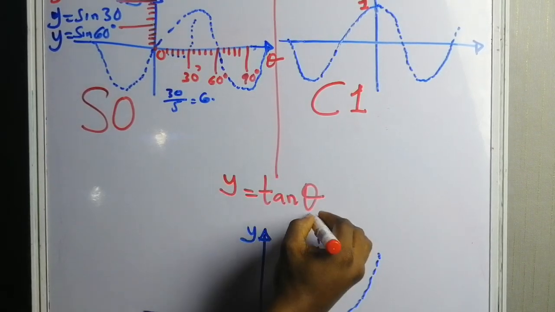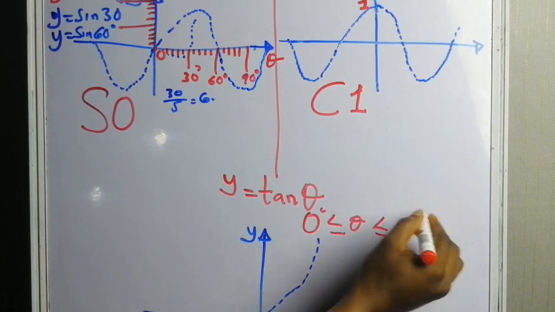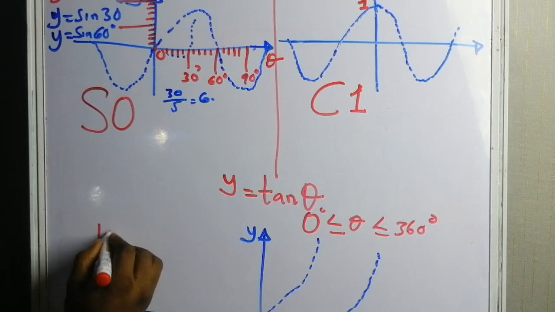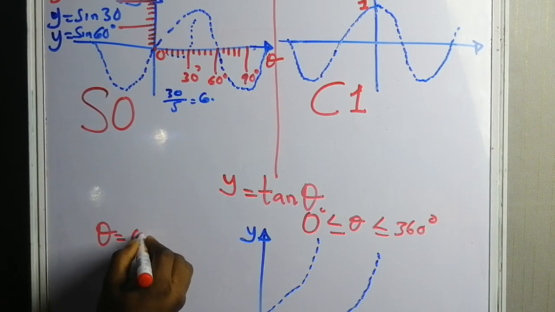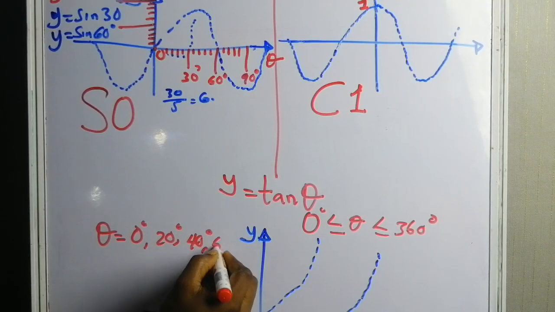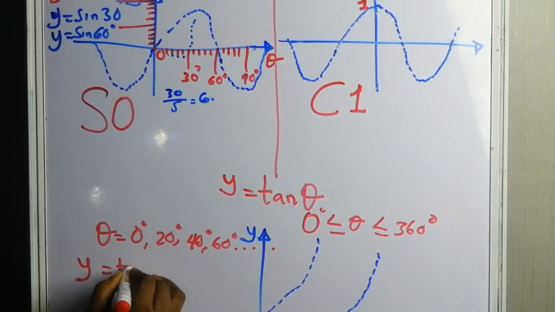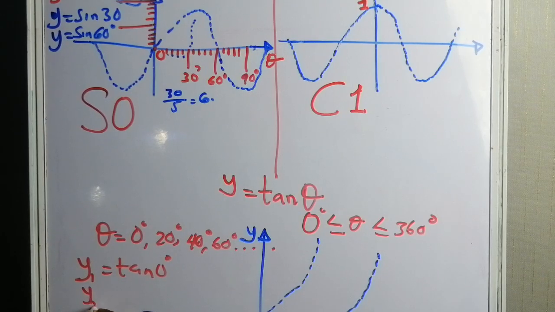So it means that if 0 degree is less than or equal to theta, less than or equal to 360 degree, my theta will be 0 degree, 20 degree, 40 degree, 60 degree, like that. So my y will now be tan 0, which is the first one. That's y1. My y2 can be tan 20 degree. My y3 can be tan 40 degree. So like that.